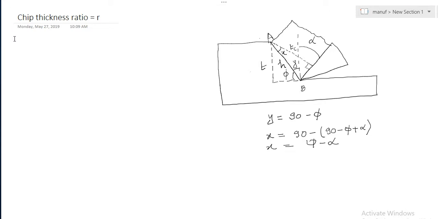Mathematically we can write the chip thickness ratio r equal to t by tc. Here t is the uncut chip thickness and tc is the chip thickness.